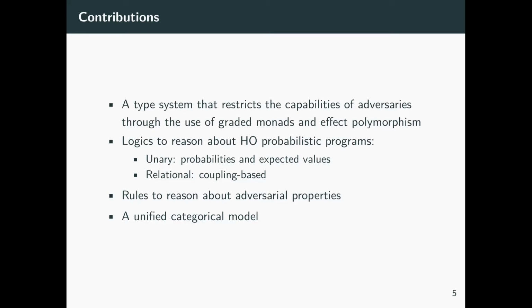The relational logic, which I will not present today, is based on the notion of probabilistic coupling and can be used to prove relations between programs such as equivalence of probabilistic programs, approximation, or differential privacy. To these logics, we add inference rules to reason about adversarial properties, exploiting the restrictions induced by the type system. Finally, we present a unified categorical model to prove soundness of all of our logics.